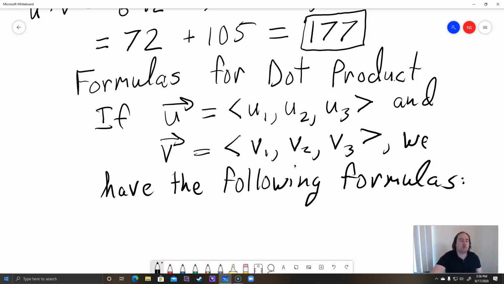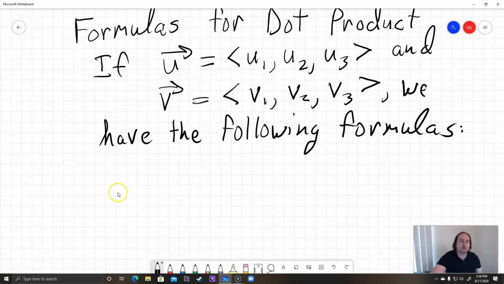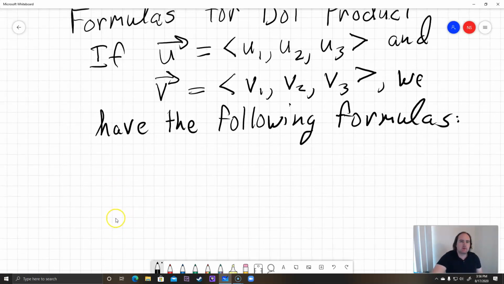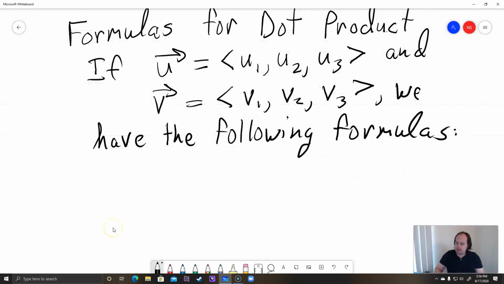Okay, so the one that people use the most is one that describes what we were just doing above. So that would be u dot v is just going to be, you multiply each component and you add them all up.